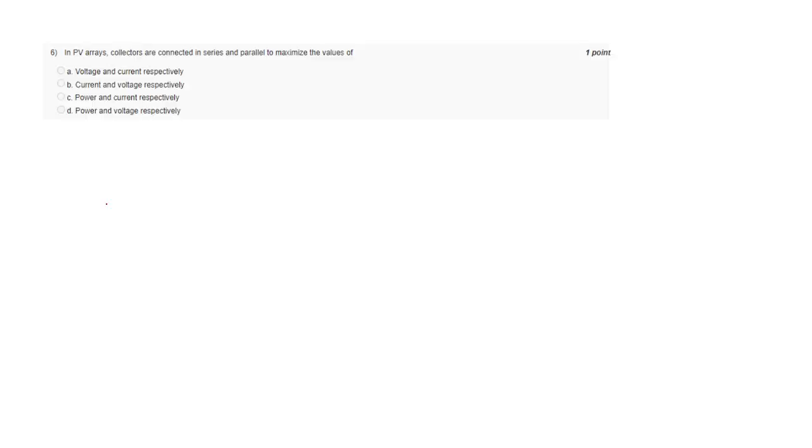Now, this is the next question. In a PV array, collectors are connected in series and parallel to maximize the value of.